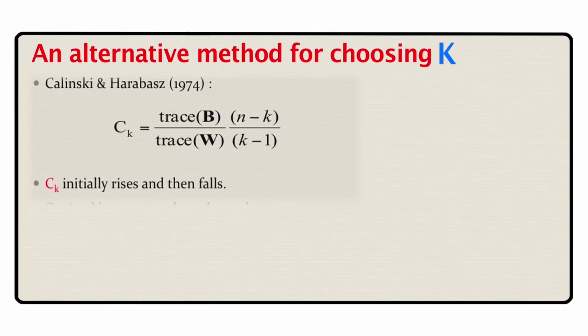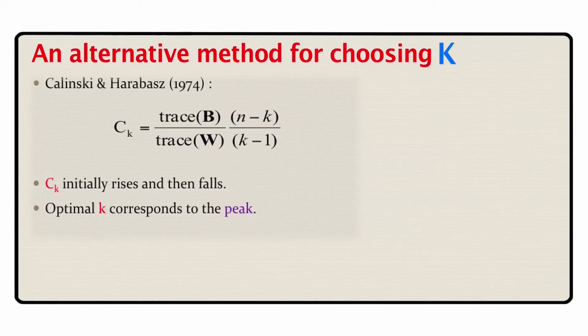If you plot Ck against K, you'd find that Ck initially rises and then falls. The optimal K is obtained at the peak of this rise and fall. Initially it would be sort of a quadratic curve which would be maximizing at some point, and the peak would correspond to the best or optimal K.